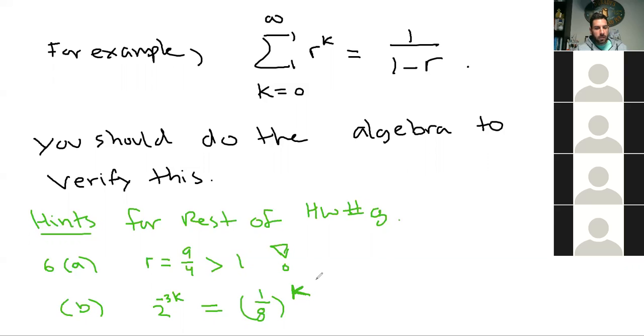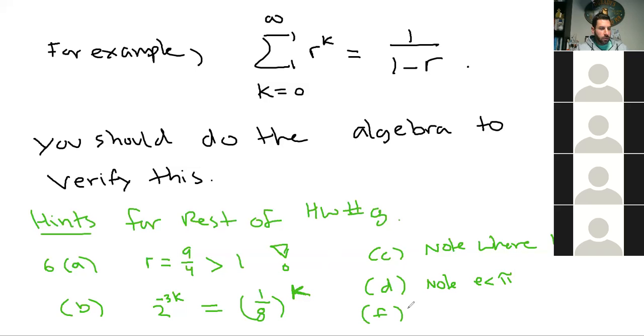For C, and this is going to be important, you need to note where k starts. For D, you need to note that e is less than pi. I'll skip E, you can think about that on your own.